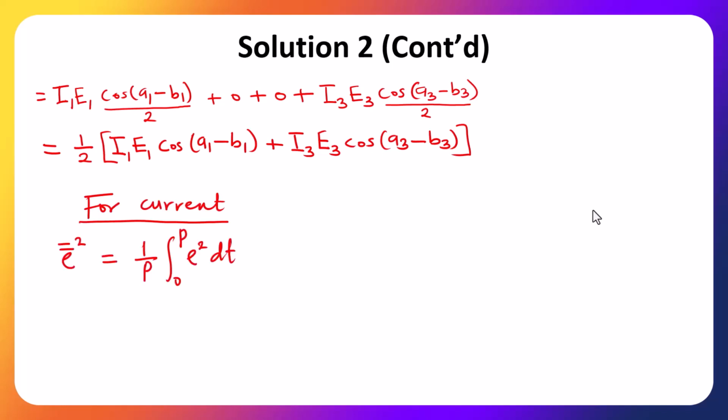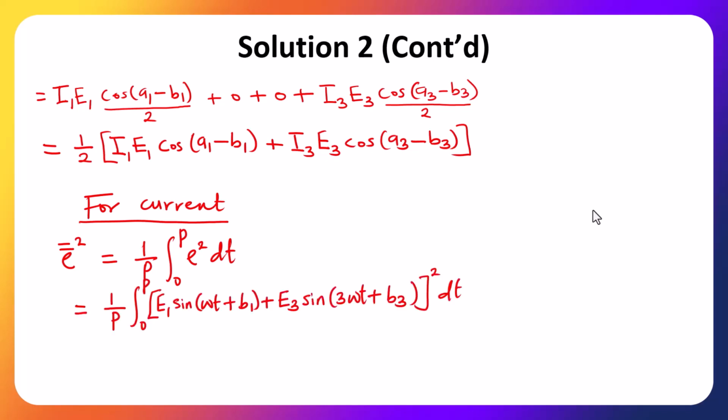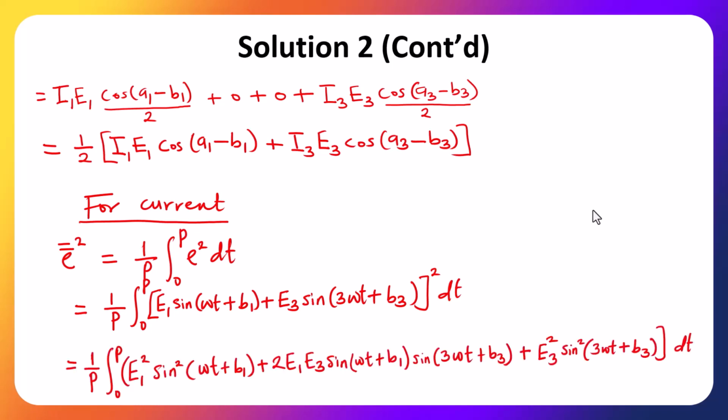Now for the voltage, we know that the RMS is given by E bar squared, which is equal to 1 over P integral from 0 to P of E squared dt. So this is equal to 1 over P integral from 0 to P of E1 sine omega t plus B1 plus E3 sine 3 omega t plus B3, all squared, dt.